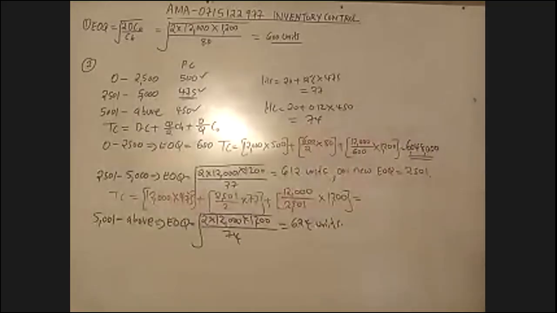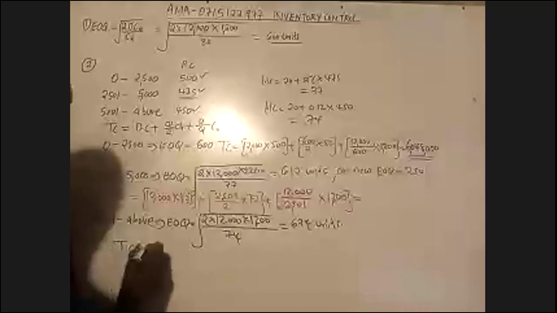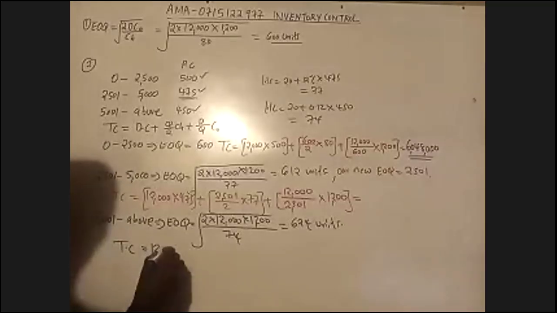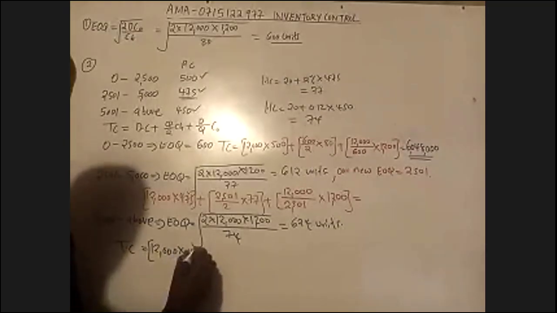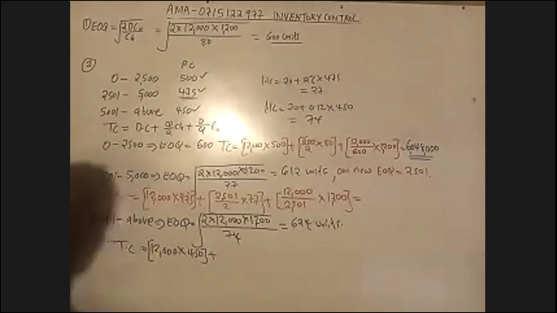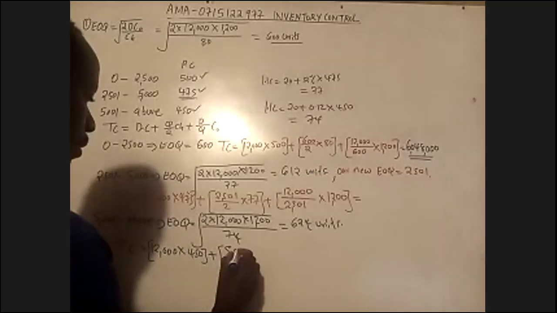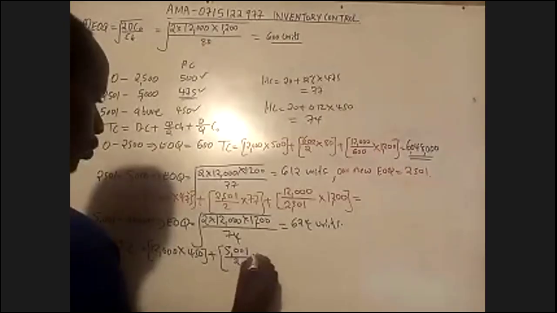624 units. Hadi hapo tuko sawa? Kabisa. So 624 units. Then now we can calculate our total cost, which is 12,000 times 450. Now it is below. So our new quantity is 5,001 over 2.